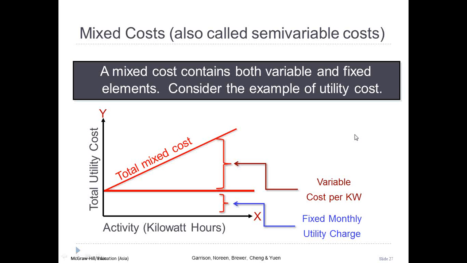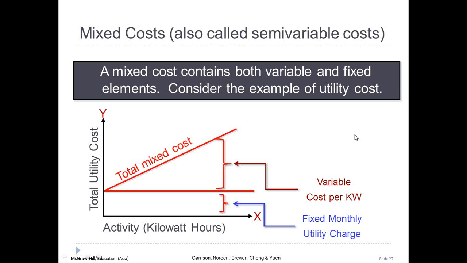And then the total utility cost is the cost of fixed and variable behaviors. So what do we have here? Like remember earlier slides, we had a fixed monthly utility charge or a fixed monthly cell phone charge.